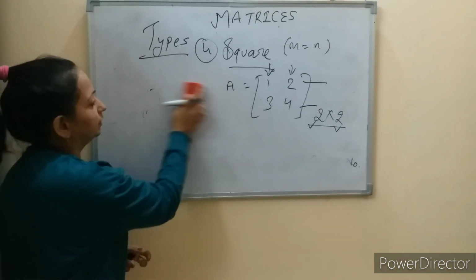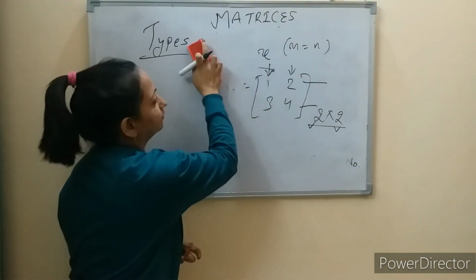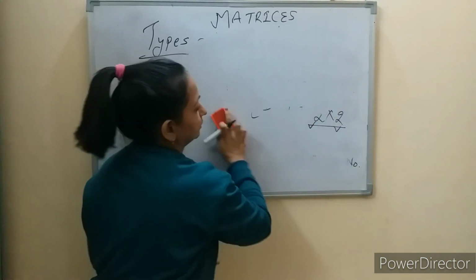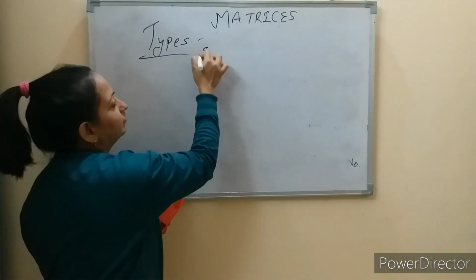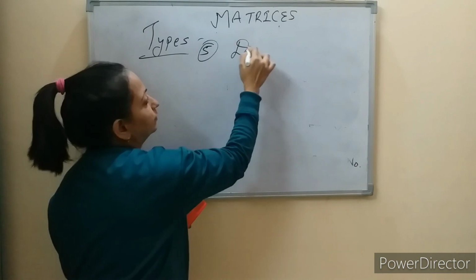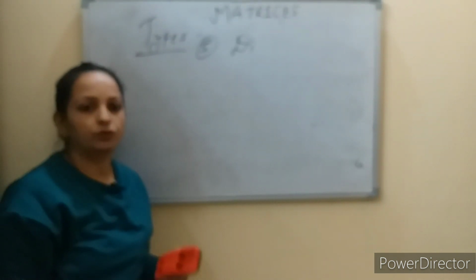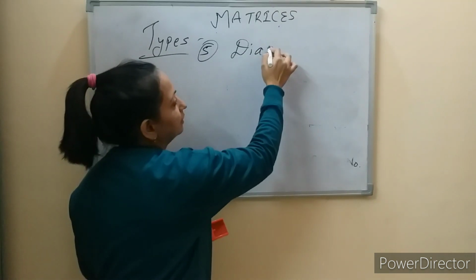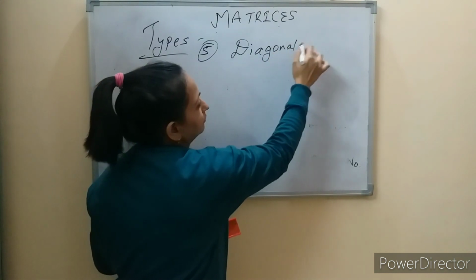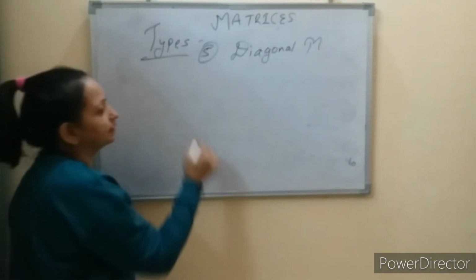So we can move to the next type, that is called diagonal matrix. The square matrix is the basis of the next types of matrices, so you should understand the square matrix before the diagonal matrix. What is a diagonal matrix?